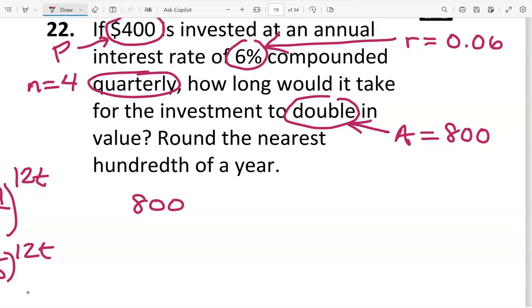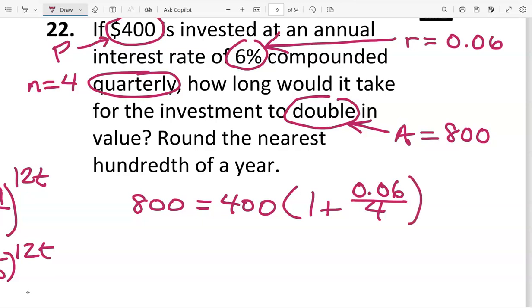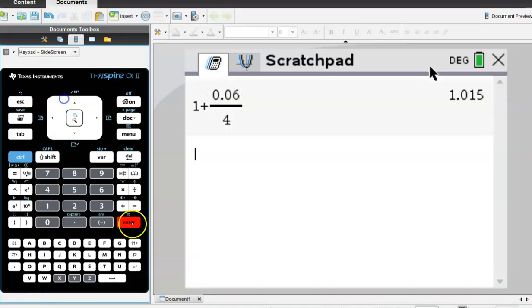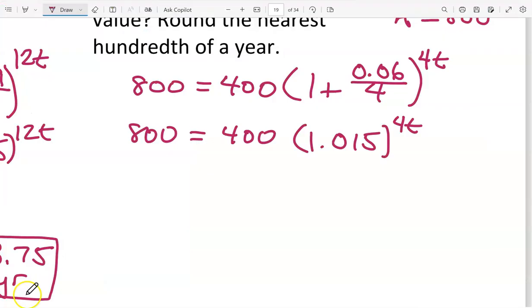So 800 is the value of A, 400 is P, and our base here is 1 plus 0.06 divided by 4 raised to the 4t power. Now again, we can rewrite the base as a decimal, and 1 plus 0.06 divided by 4 is 1.015. Dividing both sides by 400, 2 is equal to 1.015 raised to the 4t power.